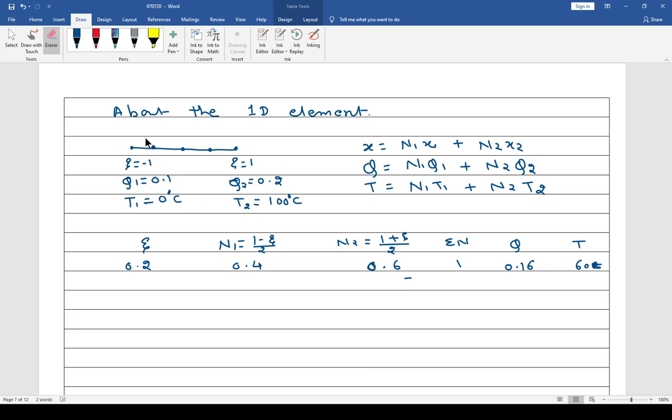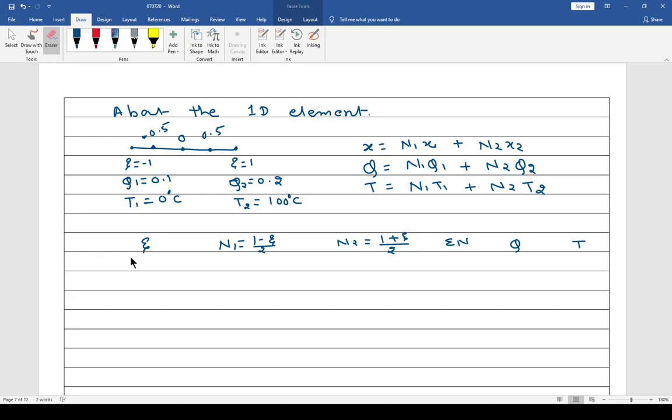So I call this value minus 0.5, this is 0 and this is 0.5. So everything is going to change now. I just made a mistake.